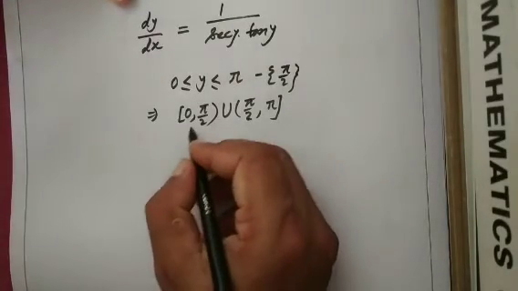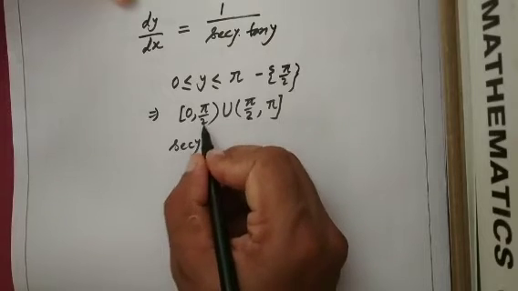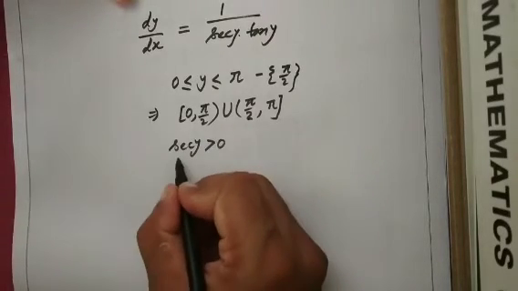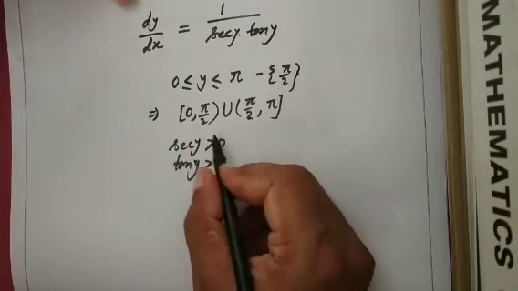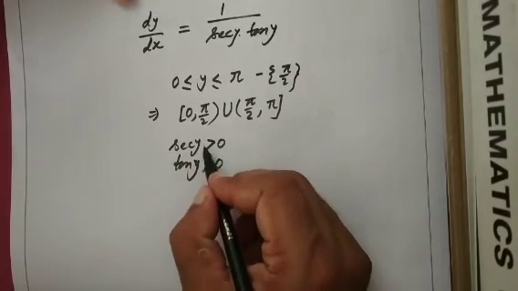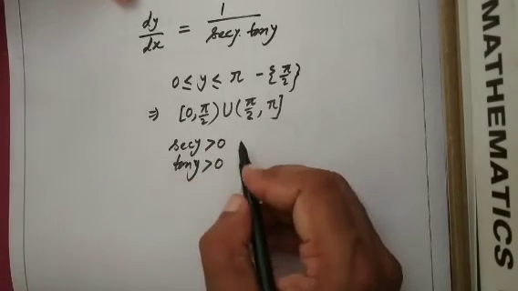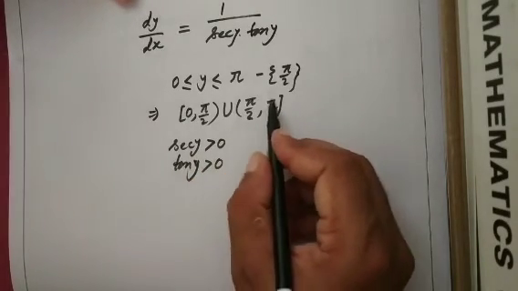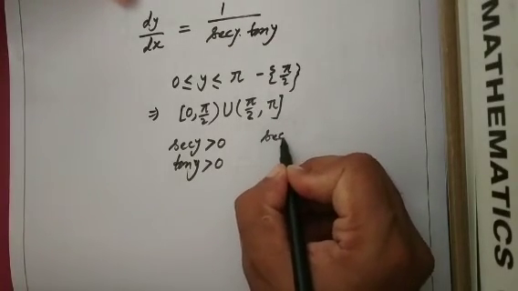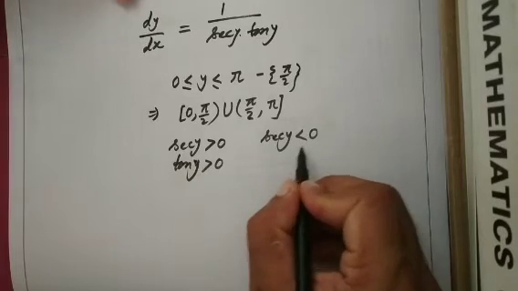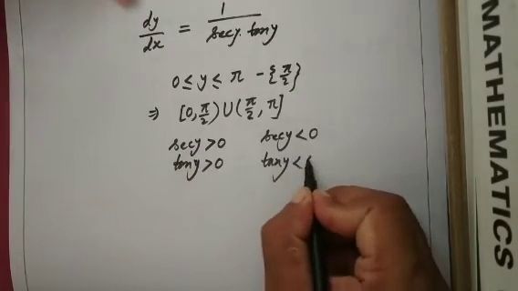So what will your sec y be in the first quadrant? That will be positive, and tan y is also going to be positive, because in the first quadrant sec and tan both are positive. Similarly, in the second quadrant your sec y is going to be negative, that means less than 0, and tan y is also going to be negative.